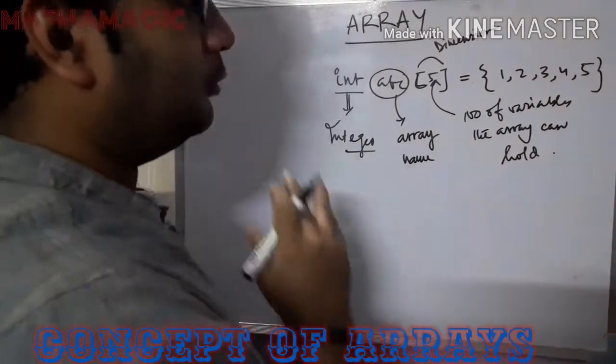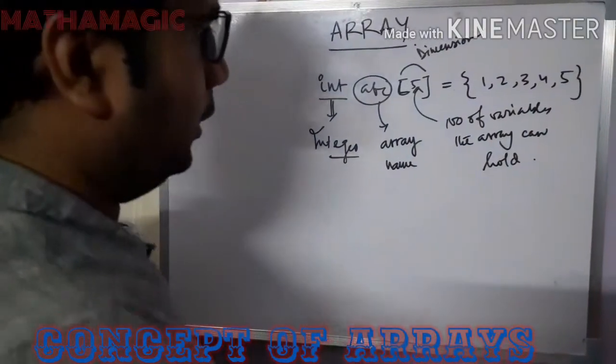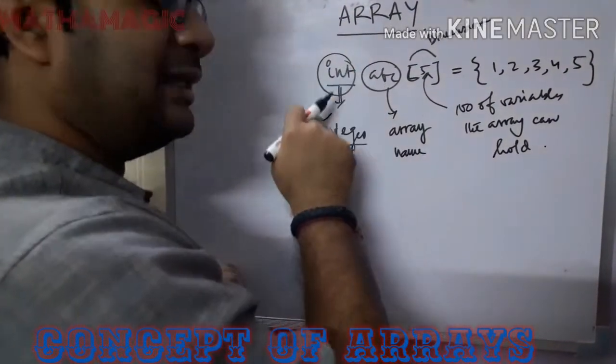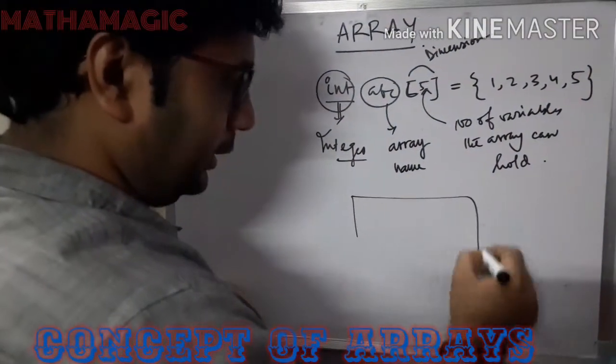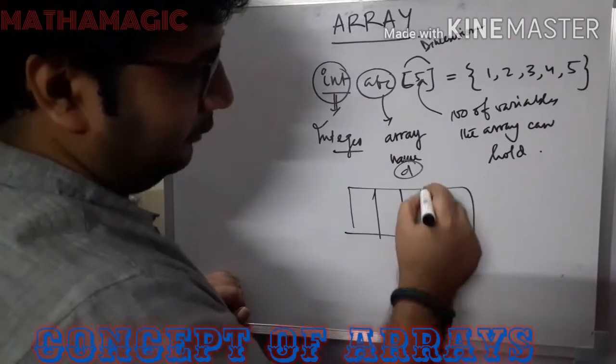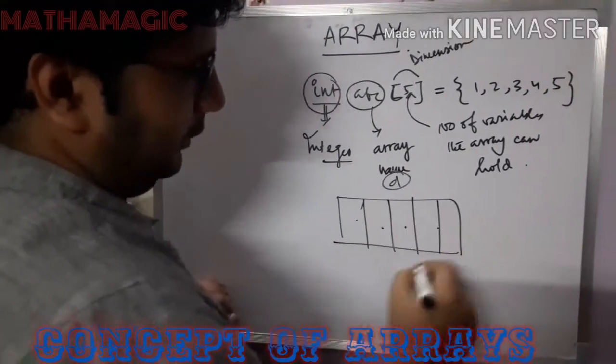Now how the value is getting stored here, we need to understand the concept. Whenever we have initialized the variable as integer type, there is a memory location called D. In D, 5 locations have been generated: 1, 2, 3, 4 and 5.